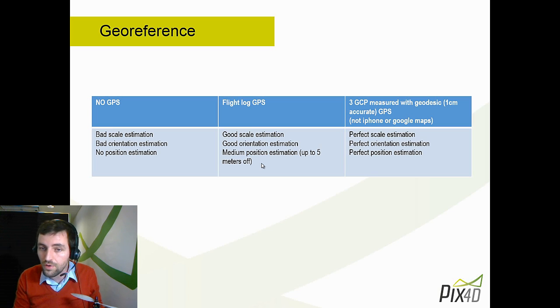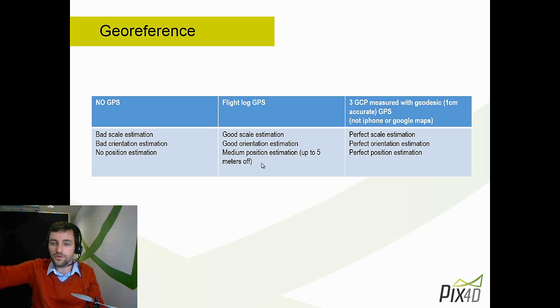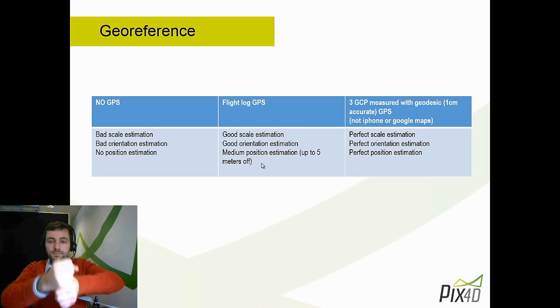The goal of using ground control points is that before doing the flights, you would go in the scene and mark a few points on the ground, maybe using a red spray to make a big cross. You would then take your professional grade GPS and measure the position of that point up to centimeter accuracy.